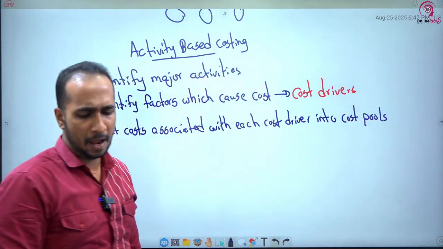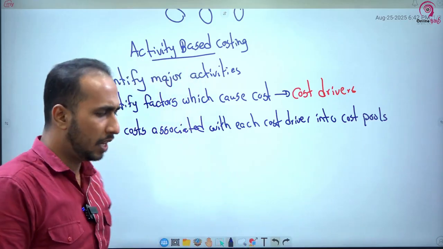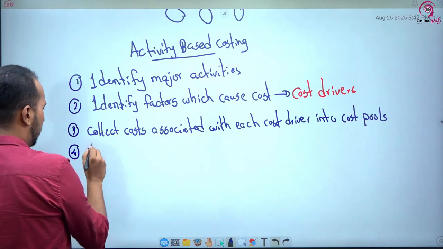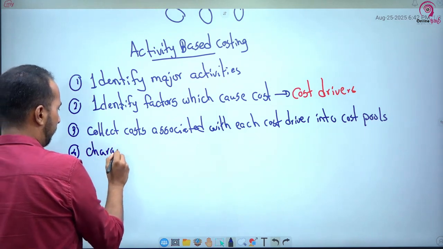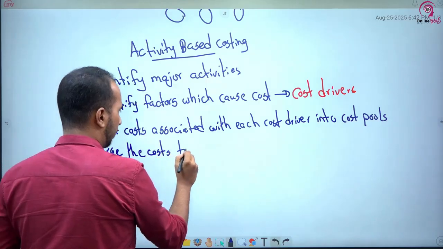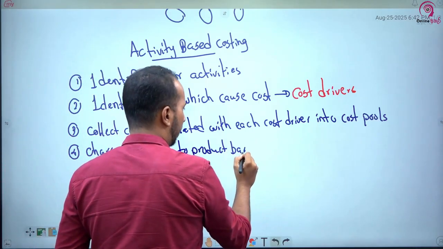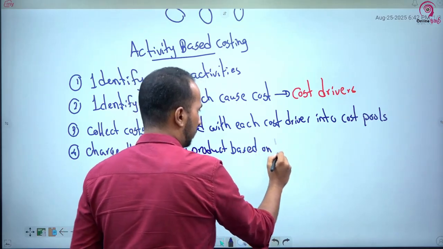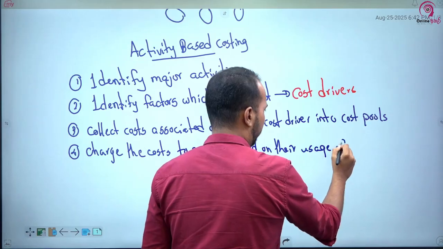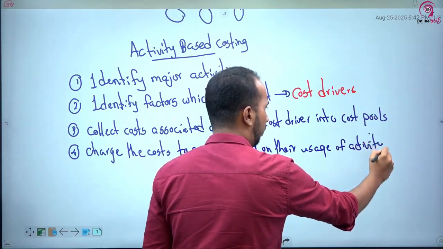And finally, we have to charge the cost to products on the basis of their usage of the activity. Simply, these are the 4 steps that you have to follow.